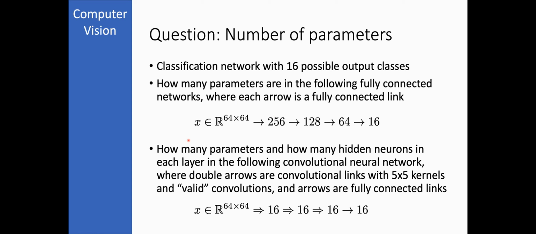Next, you can ask a similar question: how many parameters and how many hidden neurons in each layer in the following convolutional neural network, where double arrows are convolutional links with 5 by 5 kernels using valid convolutions, and arrows are again fully connected layers.